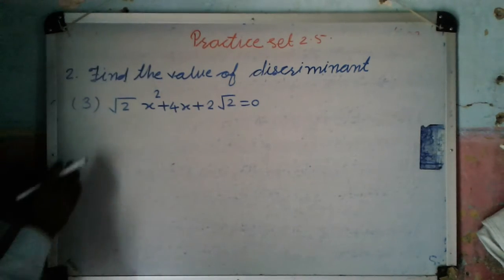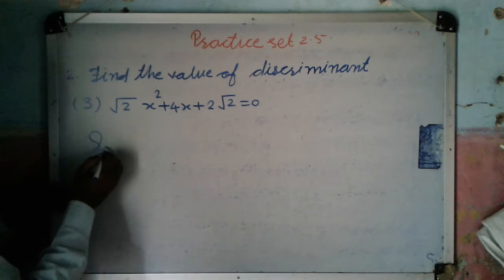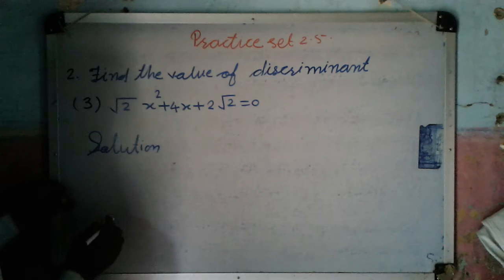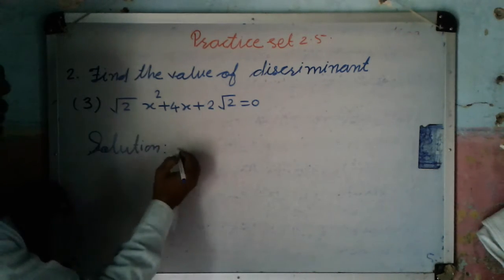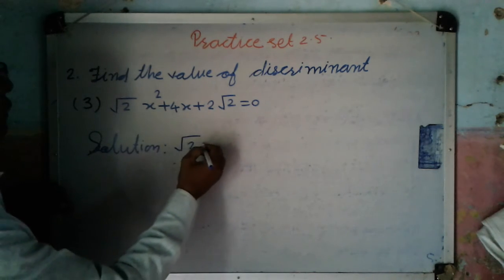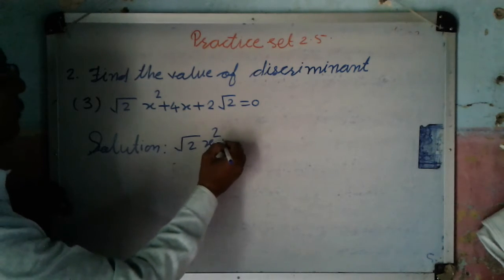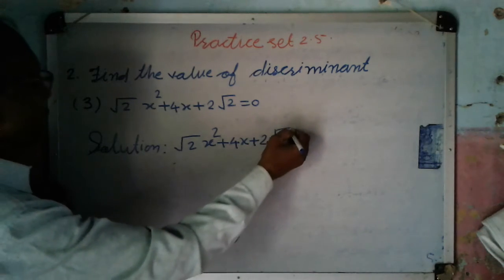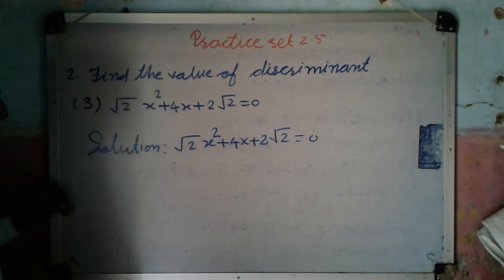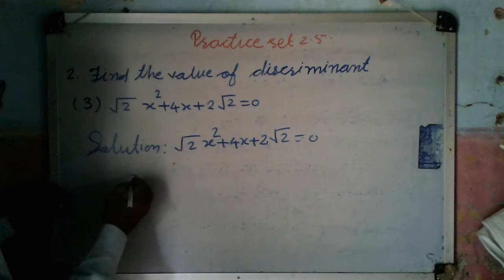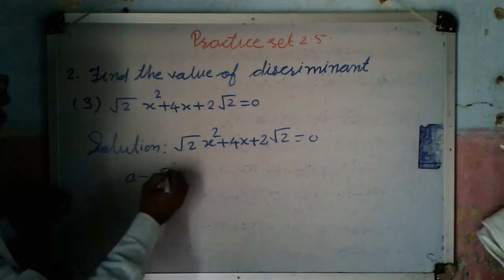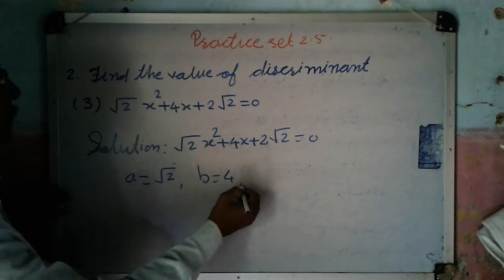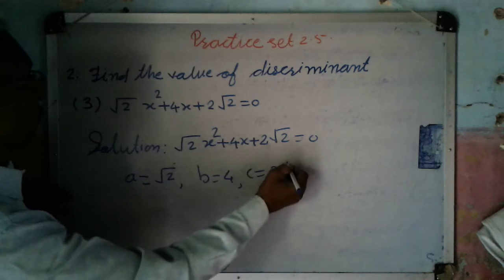Now example 3. So here the equation is root 2x square plus 4x plus 2 root 2 is equal to 0. Now from this equation we get a is equal to root 2, b is equal to 4 and c is equal to 2 root 2.